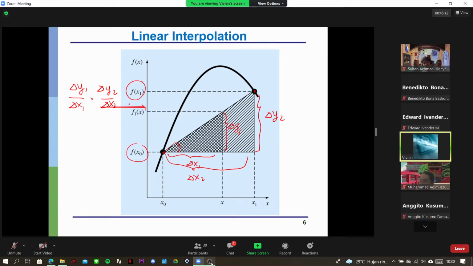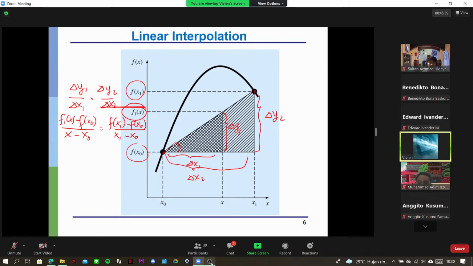Or we can say that delta y1 is f1(x), the interpolated value, minus f(x0), over delta x, which is x, the value that we want to find, minus x0, and that will be equal to f(x1) minus f(x0) over x1 minus x0.